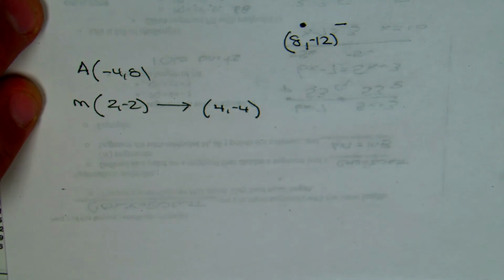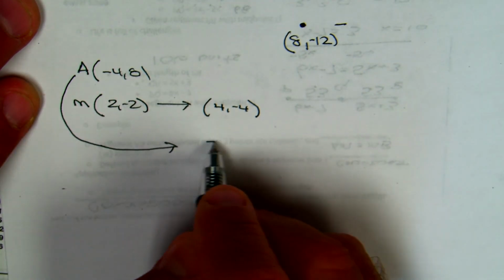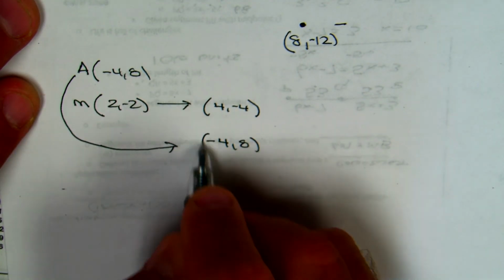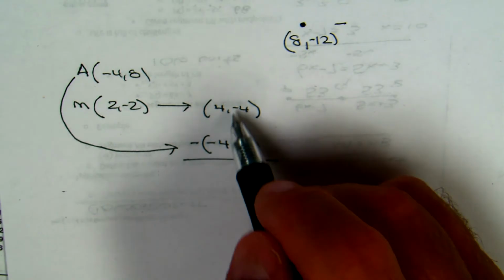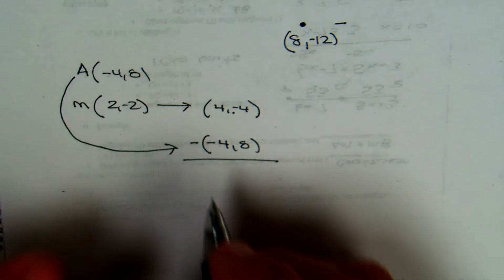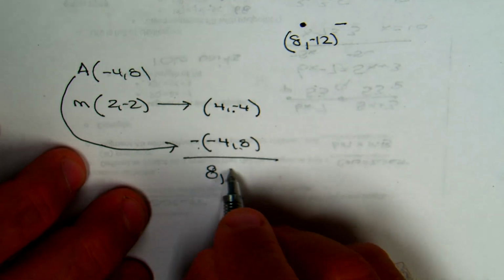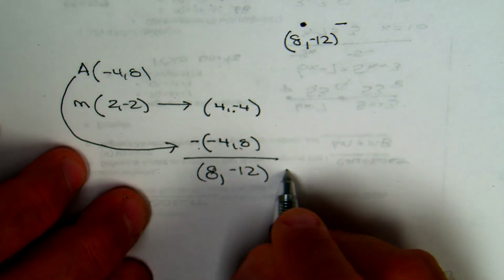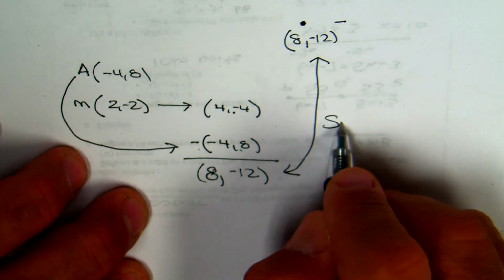I'm then going to take the endpoint, put it underneath, (-4, 8), and put a subtraction sign. So I'm going to take the values of the doubled midpoint and subtract. 4 minus -4 turns into 4 plus 4, which is 8. -4 minus 8 is -12. And would you look at that? The two answers are exactly the same.